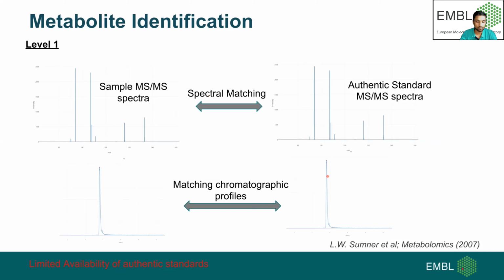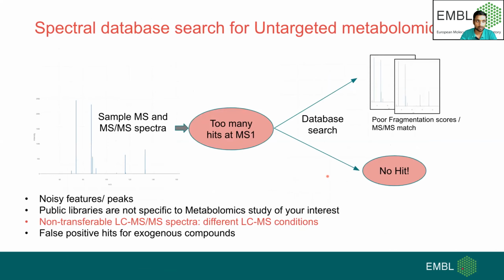But since it's not always possible to have all the standards in your lab, you rely on spectral databases which are publicly available. Sometimes in a spectral database the quality of data is not guaranteed. So you sometimes get no hit, sometimes a partial match, sometimes a poor match, and sometimes there is a lot of noisy peaks.